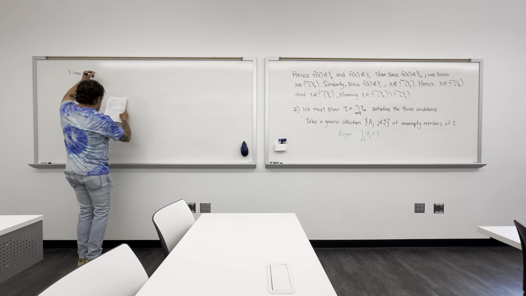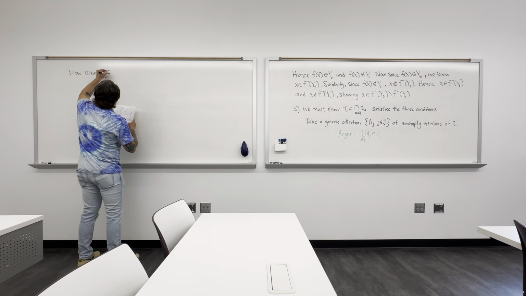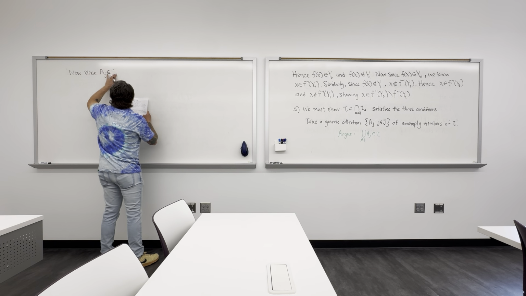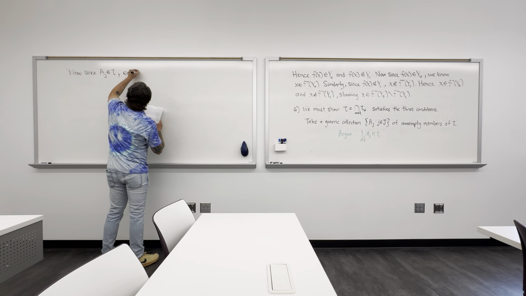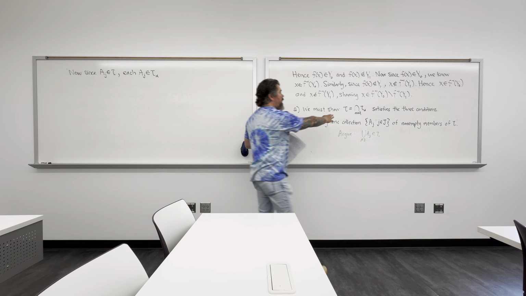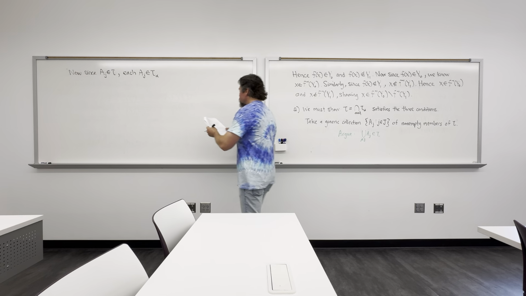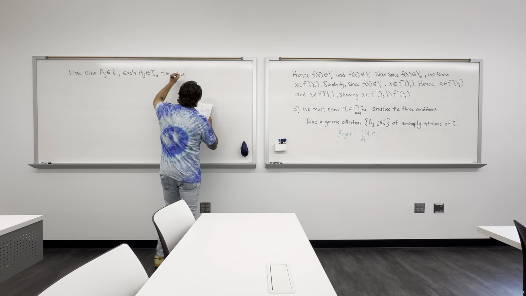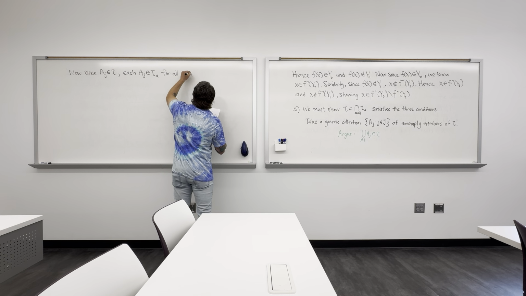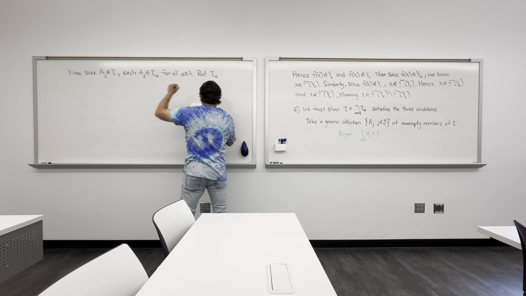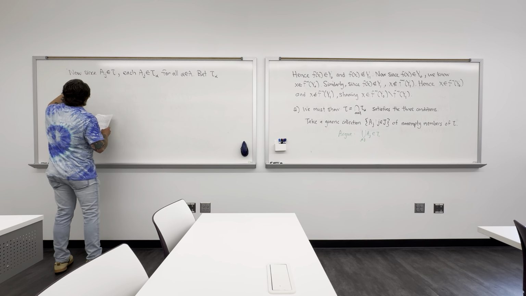Now since A_j is in tau, each A_j must be in tau alpha, because tau is defined to be the intersection for all alpha in this indexing set. But tau alpha is a topology on X.